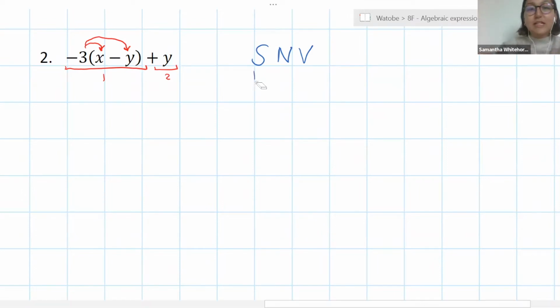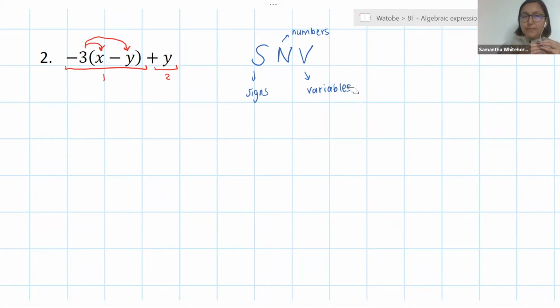So this stands for signs, this stands for numbers, and this stands for variables. Basically it's just a way for us to simplify a multiplication or a division operation correctly. So what we do is we always start with the sign.